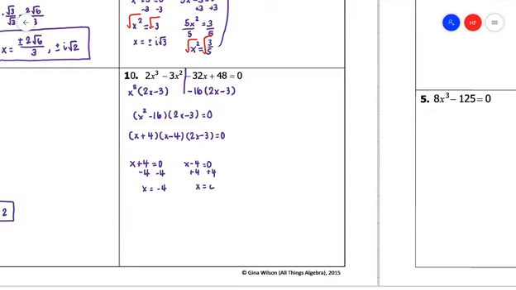X is positive 4. And x is 3 over 2. So when I write out my values, I've got negative 4, positive 4, and 3 over 2.